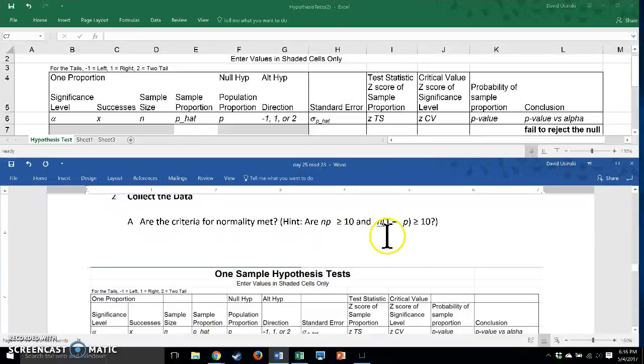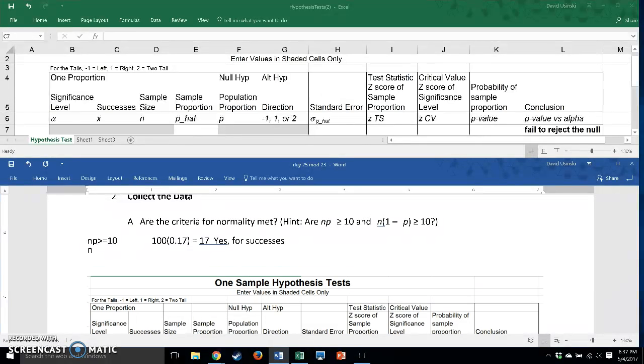All right, so before we do the actual test, we have to make sure that np is greater than or equal to 10. That should be a lowercase n, but Microsoft Word likes to change that to an uppercase N. So we have 100 as our n, times 0.17 as our p, and that equals 17. So yes for successes.